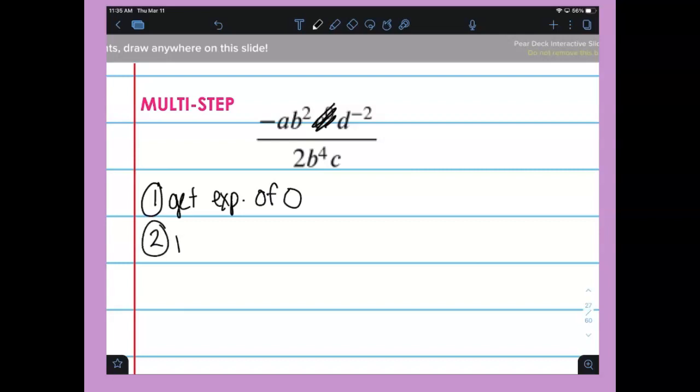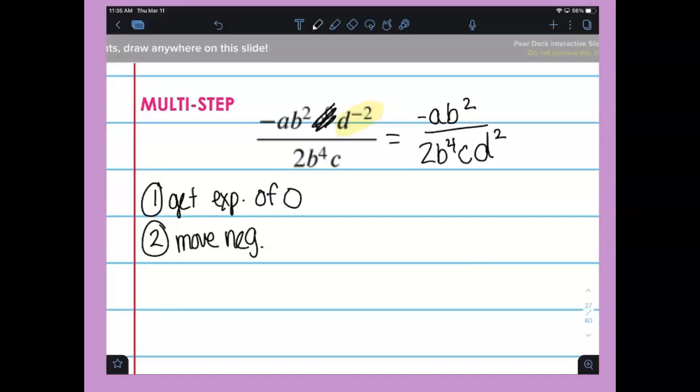After that, I move the negative exponents. Here we have a negative exponent currently in the numerator, so I'm going to move it to the denominator. I'm going to keep the negative a b squared over 2 b to the fourth c, and now I have d to the second power once I move it.